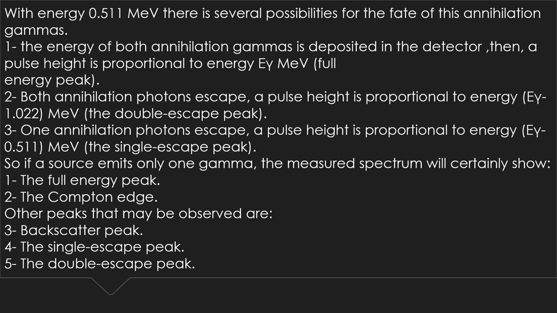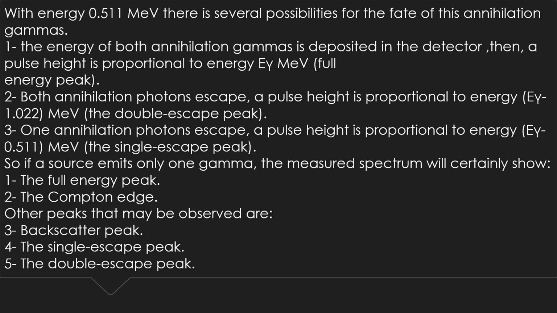With energy of 0.5 MeV, there are several possibilities for the fate of these annihilation gammas. One, the energy of both annihilation gammas is deposited in the detector. Two, both annihilation photons escape, and a pulse height is proportional to the energy.